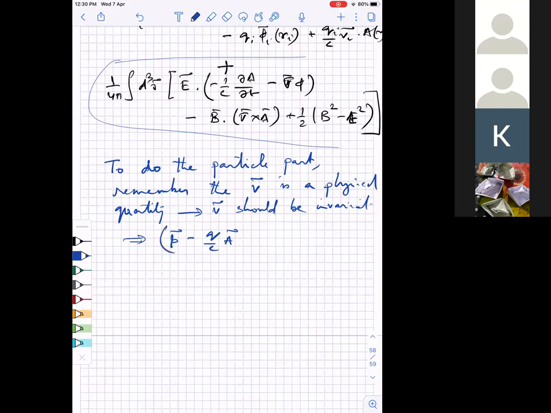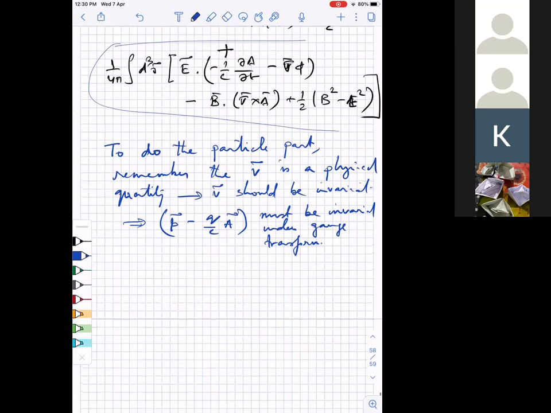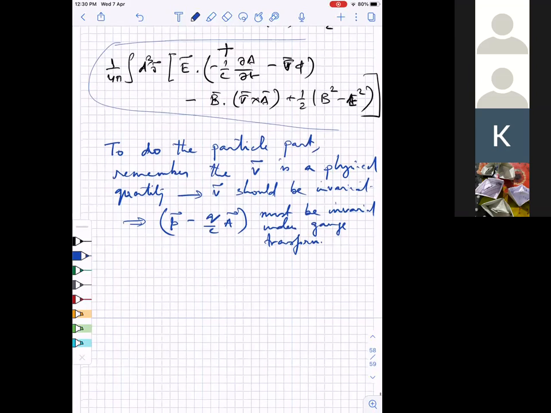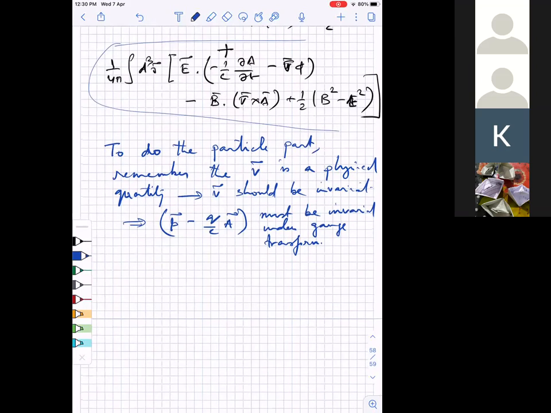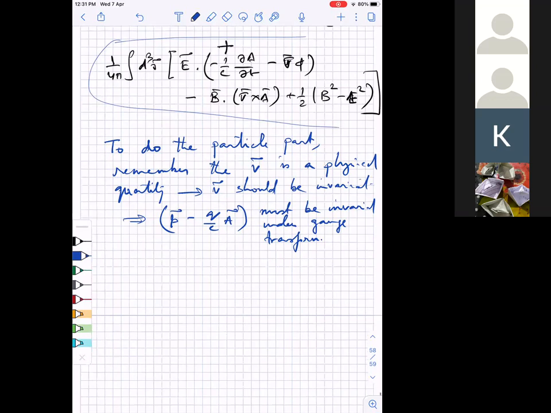So this must be invariant under gauge transformation. Now I have to somehow, because I know how A is changing, change the P such that this whole quantity is invariant.